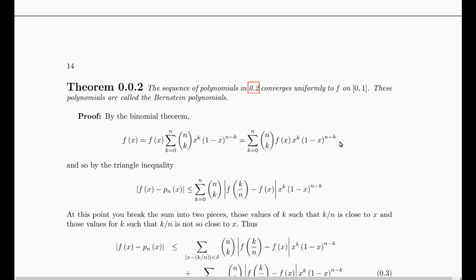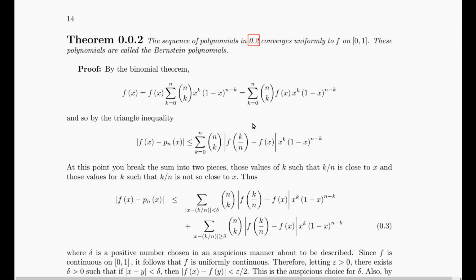Okay? And so if I look at P_n(x) and subtract it from f(x) and take absolute value, then by the triangle inequality, this is smaller than or equal to this. Now I take a look at this sum, and I break the sum up into two pieces. I want to look at some values of k where k/n is close to x, and other values of k for which k/n is not so close to x.